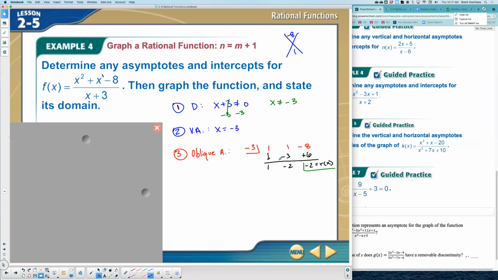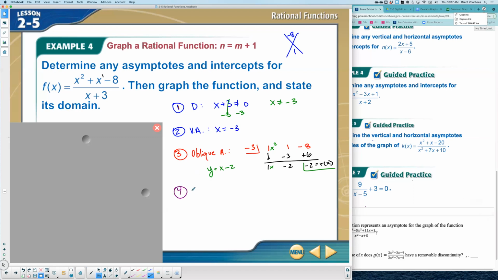So that's the remainder. That means this is 1x, and that right there is your oblique asymptote. The oblique asymptote is y equals x minus 2. That's what this graph is going to approach. So if you look far left, far right, it'll look like this line as you zoom out. And I'll show you that in the calculator in a moment, or in the picture.